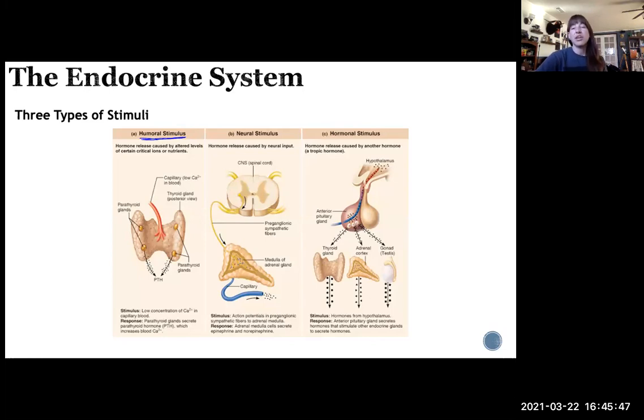So a humor is another word for a fluid. Okay, so extracellular fluid can also be referred to as a humor. Remember the vitreal humor of the inner eyeball, or the aqueous humor of the anterior chamber of the eyeball? Those humors are just fluids. Humoral stimulus is caused by a change in the chemical composition of a humor or a fluid.